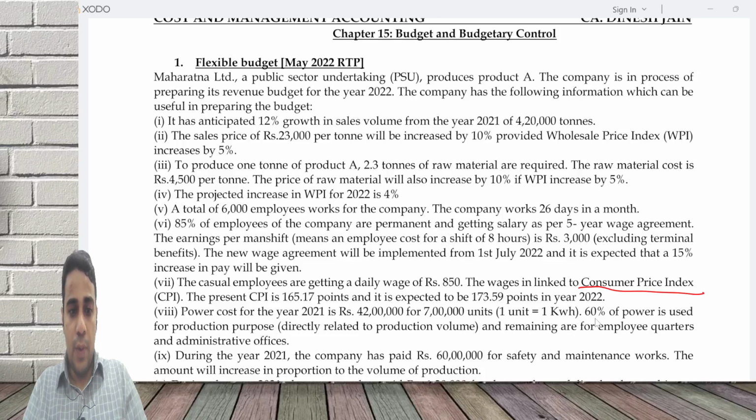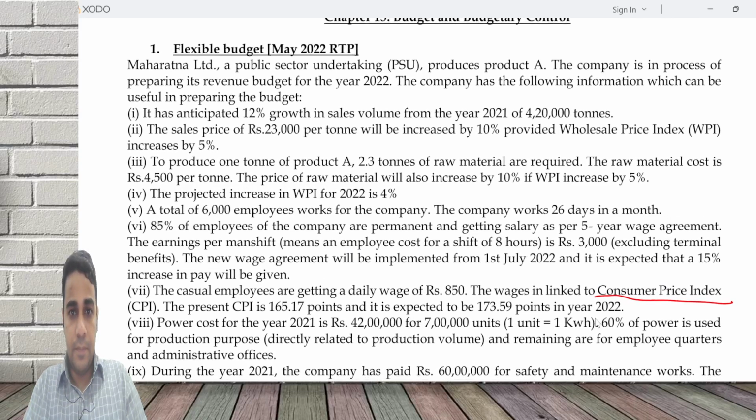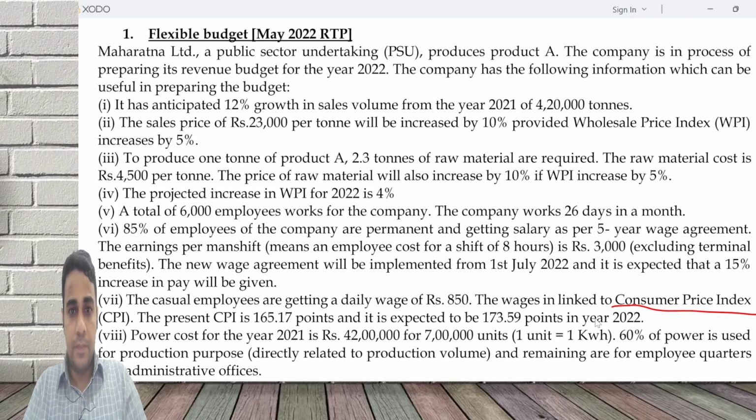Keep going through the question. An excellent problem on flexible budget.